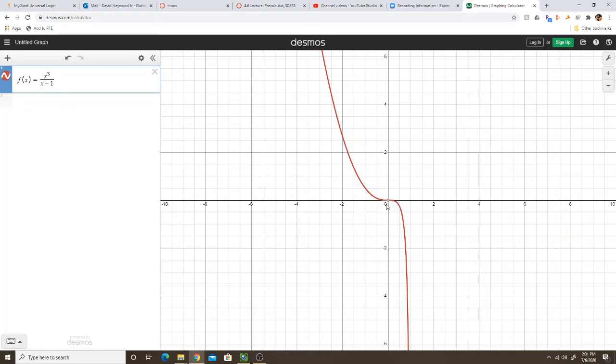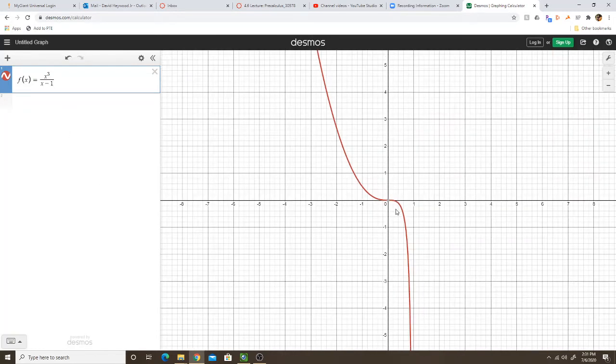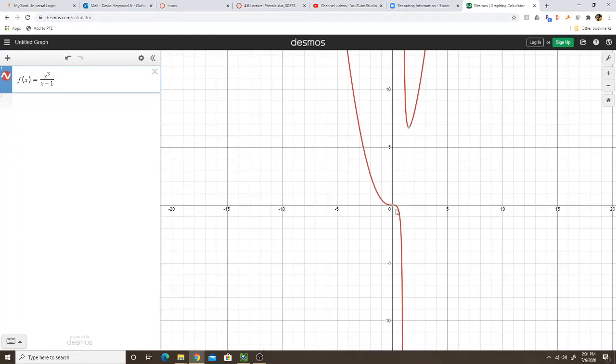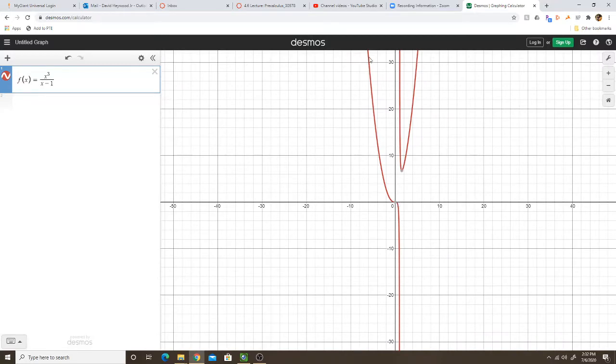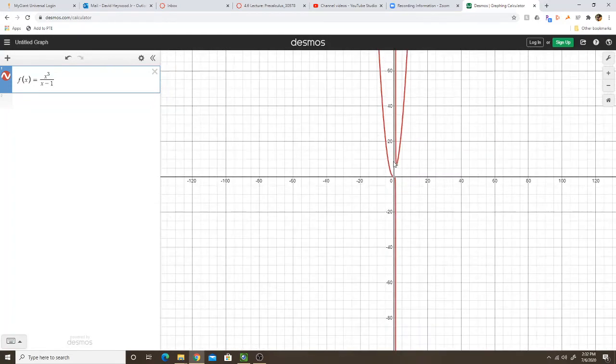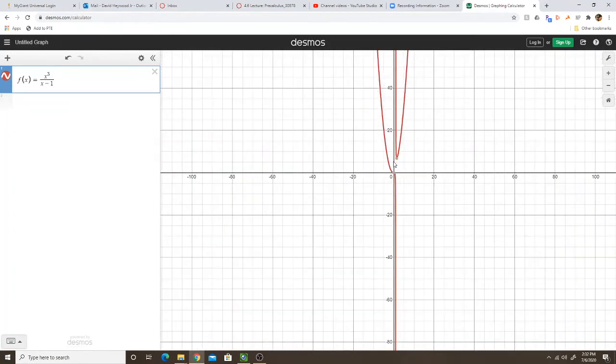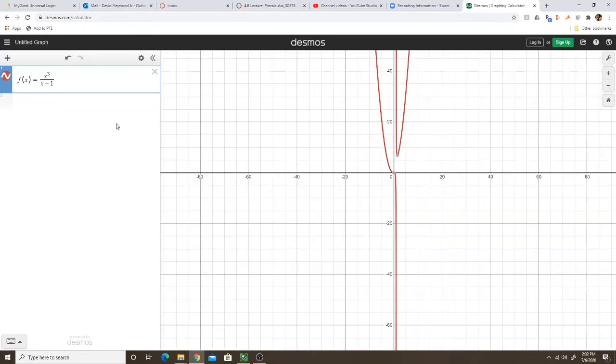Okay, so look at what we get here. We get this weird function. Oh man, when you zoom out, you see it has a second piece. That's really interesting. If you just look at these branches, this one and then this one, it looks like a parabola, doesn't it? In fact, it's going to look like the parabola y equals its oblique asymptote, x squared plus x plus 1. Ooh, look at that.